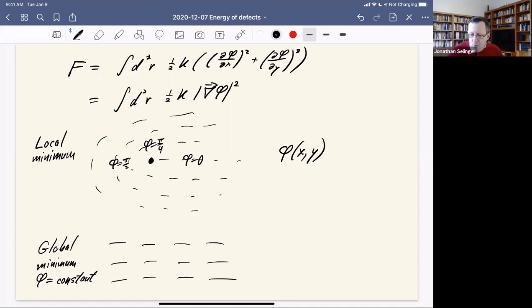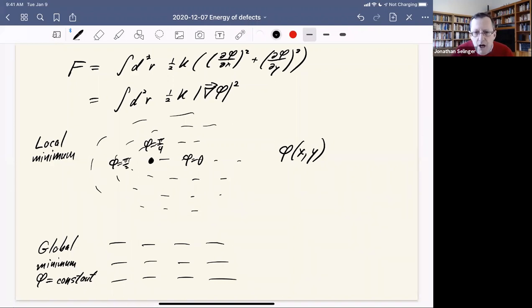What it means for a structure like this to be a local minimum is that it's the best you can do with just making small local changes in the phi function. You would need to go to a completely different structure like this one in order to do even better. So if we want to find a local minimum of the Frank free energy, we need to use variational calculus, the same as we've been doing all semester.